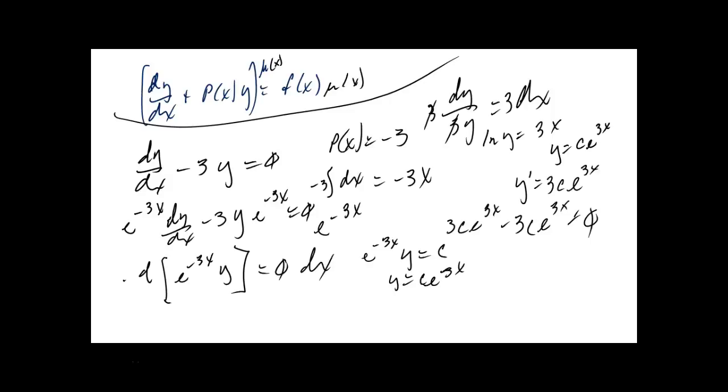Then when you integrate both sides, you have a y with something else, then you multiply or divide by that something else, and that gives you a y by itself. And sure enough, we did get the same thing. So you don't need to memorize a formula with all those integrals and e's and stuff. Just do the steps and let them take care of themselves.